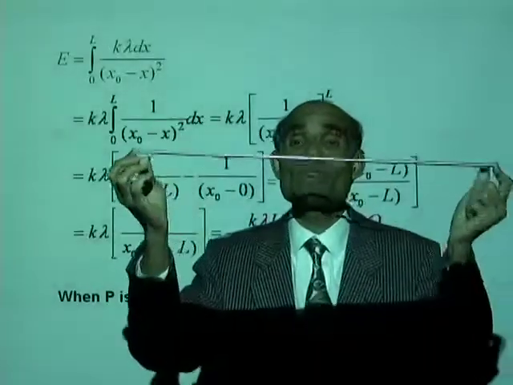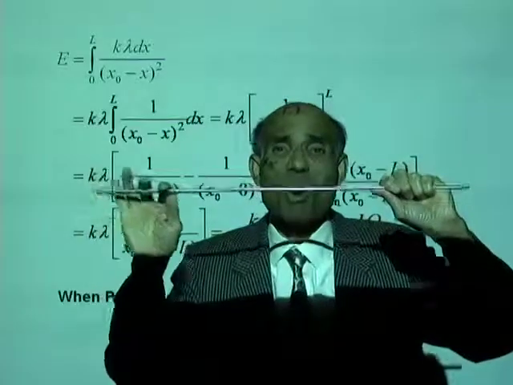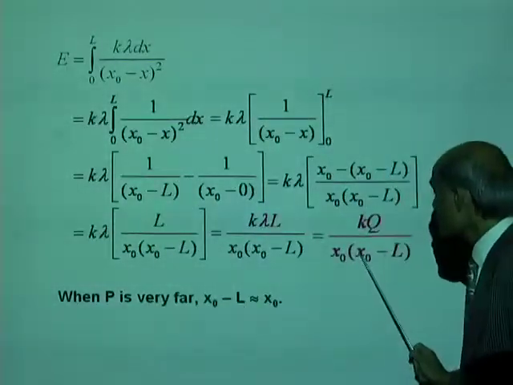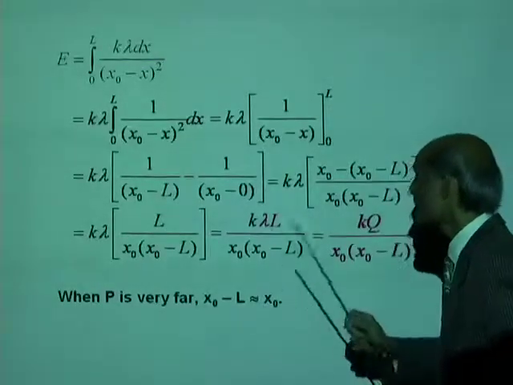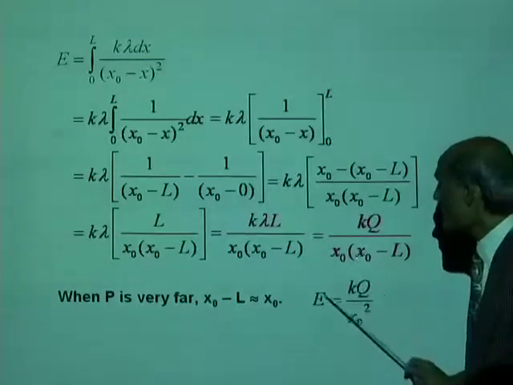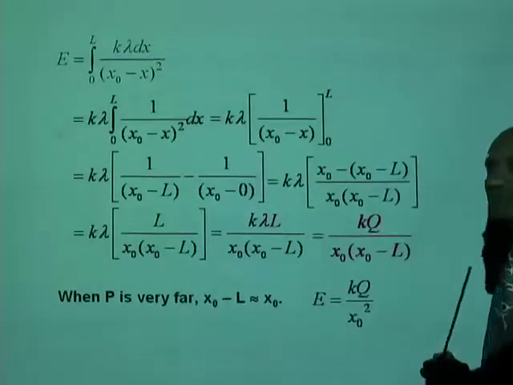Compared with that distance, the length of this object will be very small. So when the distance is very large, this x0 minus L can be approximated to be x0. Then what will this equation become? It will become E equal to kq over x0 squared.